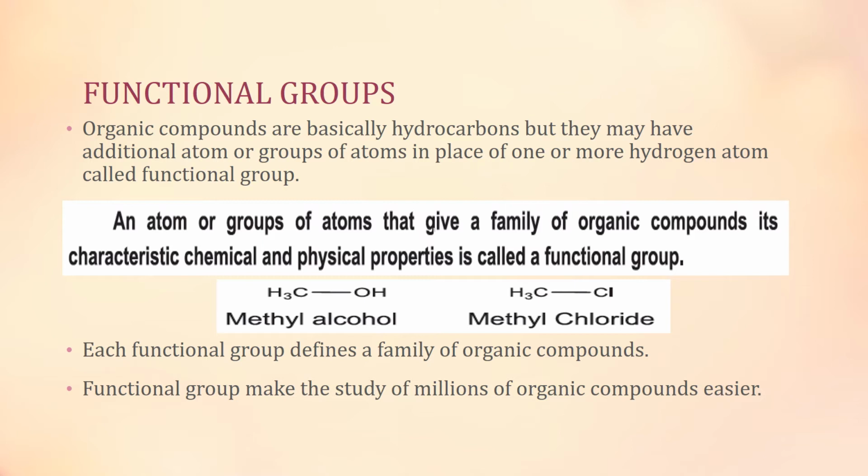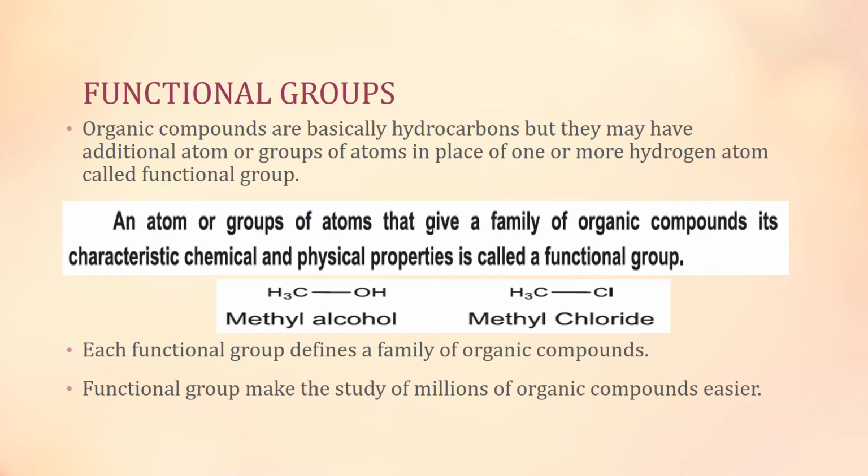Just like you can see the example of methyl alcohol. In methyl alcohol, along with the methyl radical, the OH group is present. So the properties of this compound are due to the presence of this OH group, the hydroxy group. So this hydroxy group is considered the functional group of alcohol.